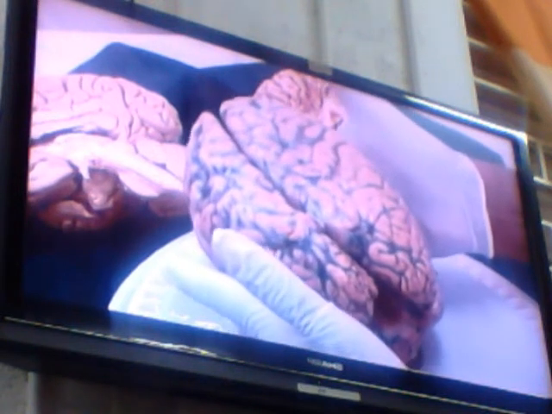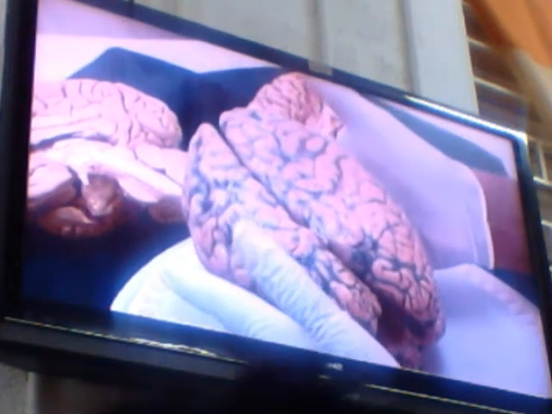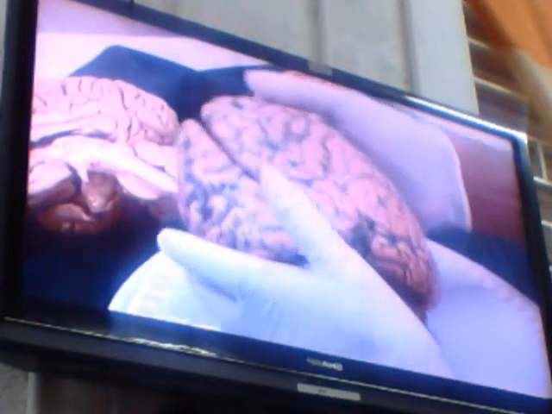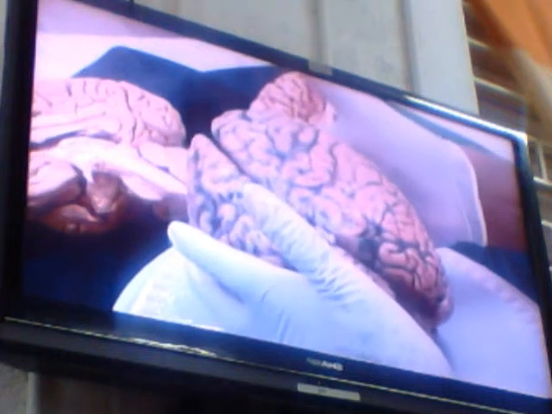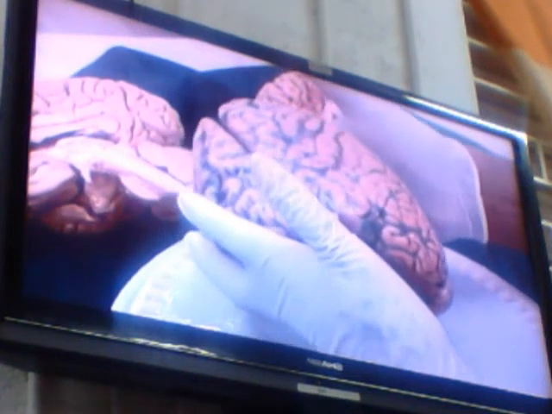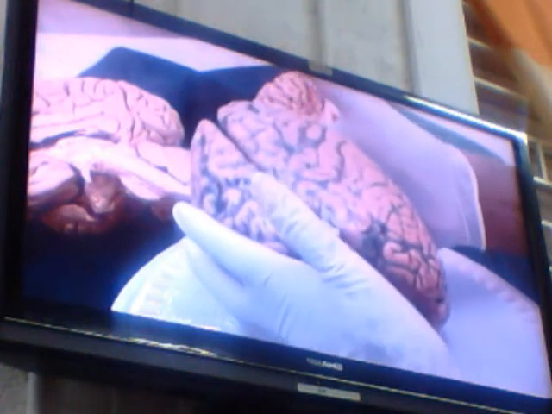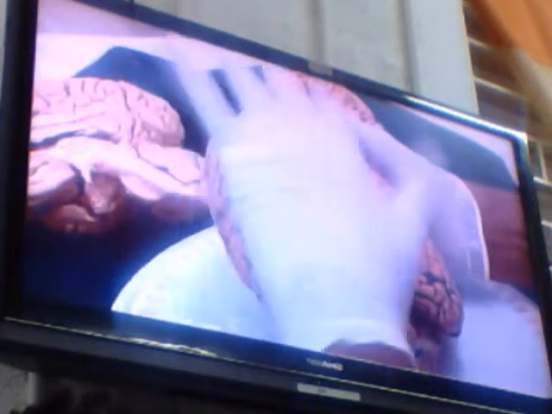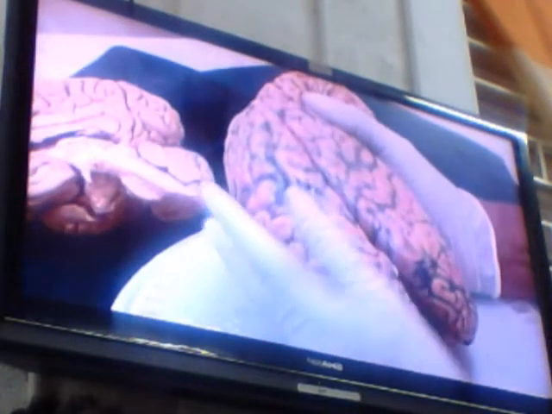Look at it. One side is pressed down and the other side is pushed out. That will not happen in our brain, in our box, the skull, because the box will protect it so that there will be uniformity of pressure on all sides of the brain, so that it keeps its ovoid or ellipsoid shape.